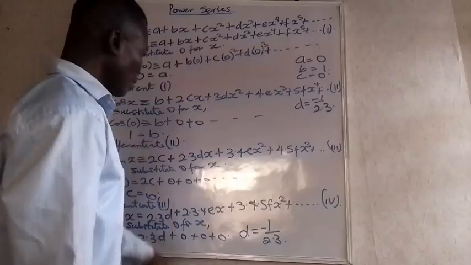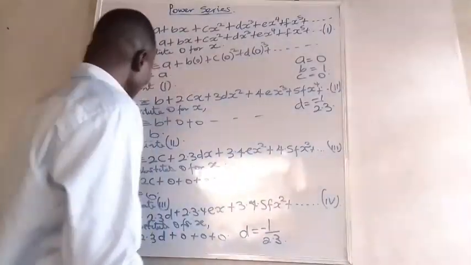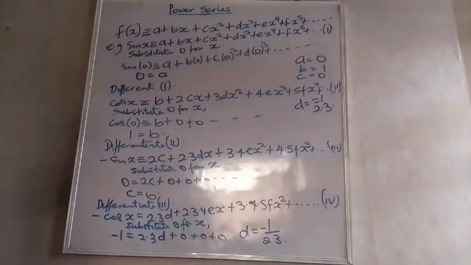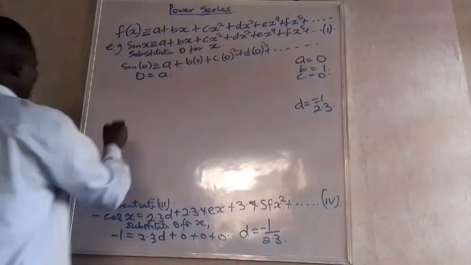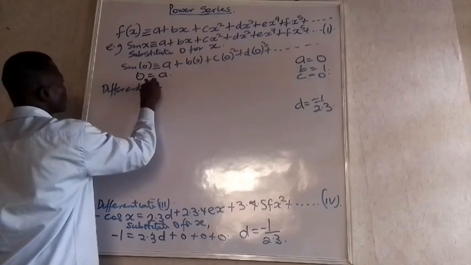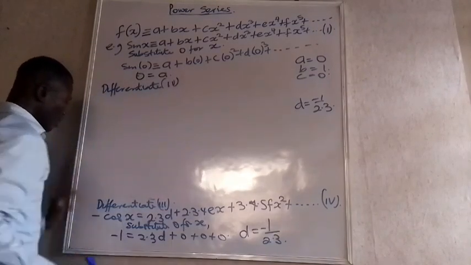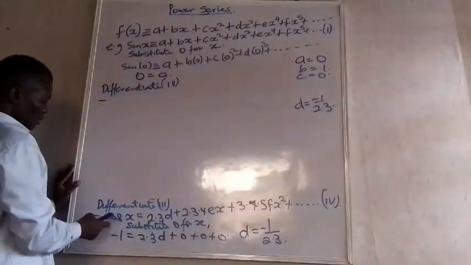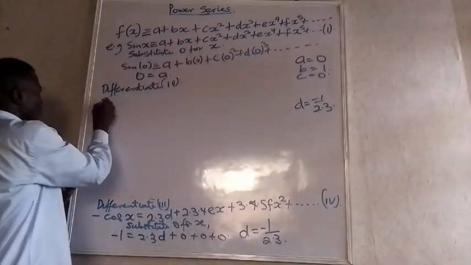Now, as we did before, let's differentiate this 4. So what do I have? Minus, okay, this one will be sin x because it's minus.